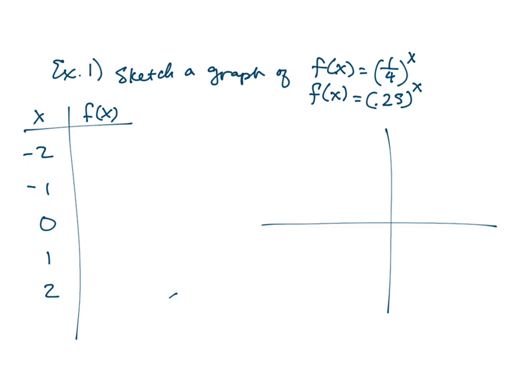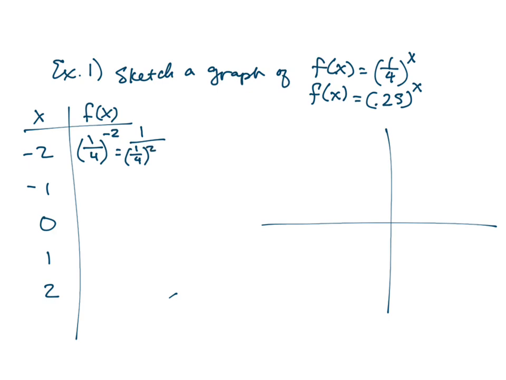If we input a -2, that means I have 1/4 to the -2 power. How do I raise something to a negative power? Make it happy. So technically I should have 1 over 1/4 to the positive 2 power.